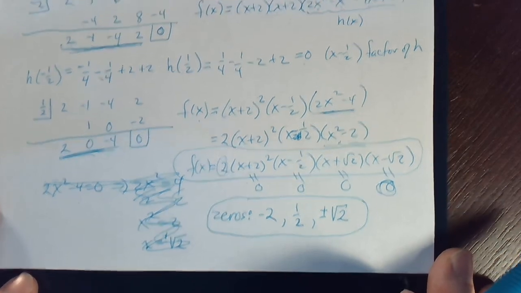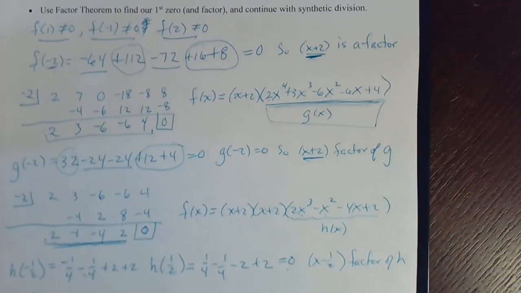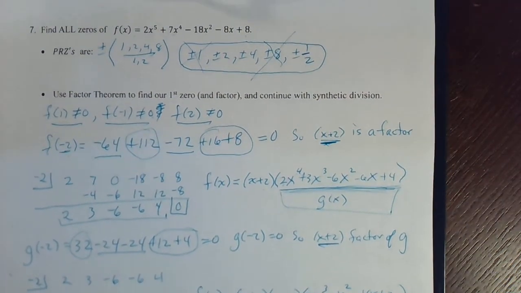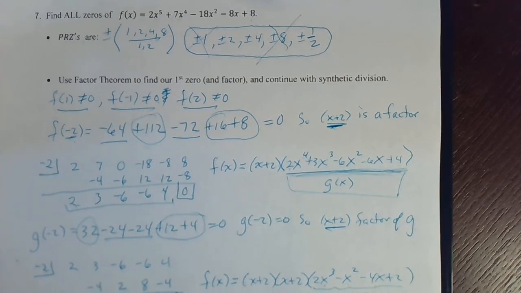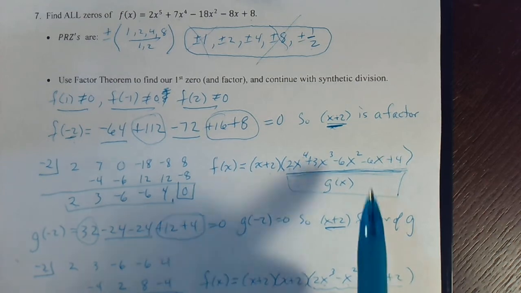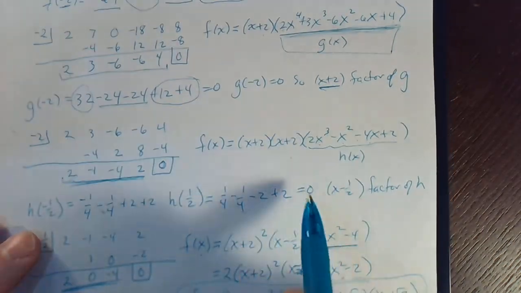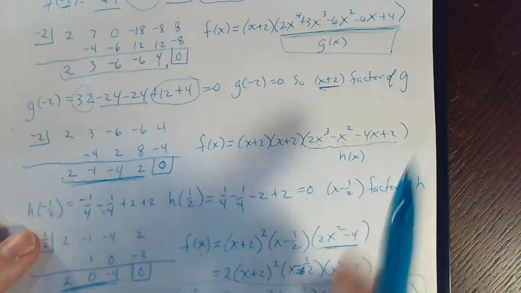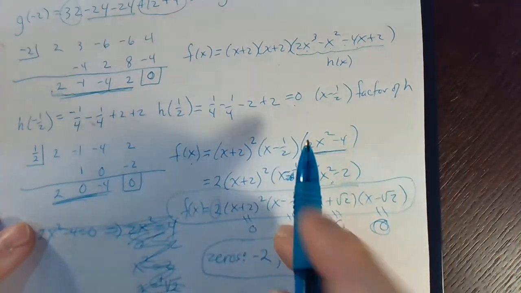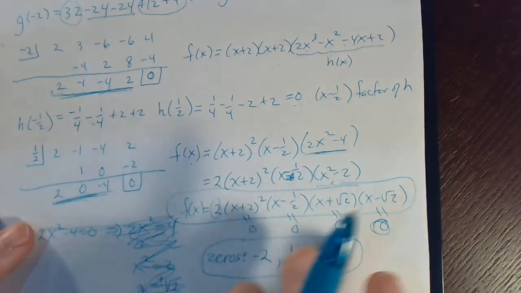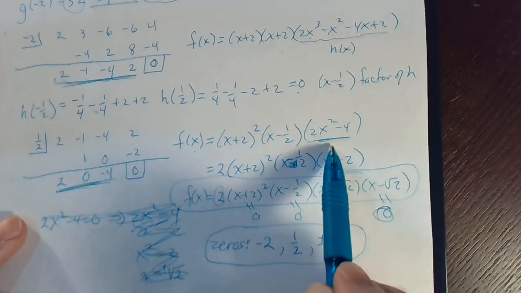So that was a very long problem. Let's just scan that one more time. We started off with the possible rational zeros, and we factored out an x plus 2, and then we factored out another x plus 2, and then we factored out an x minus 1/2, and then it left us with this.